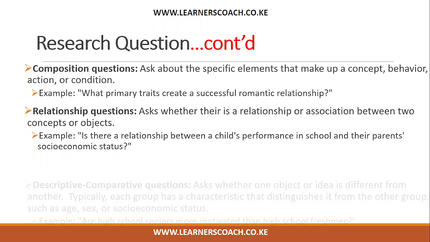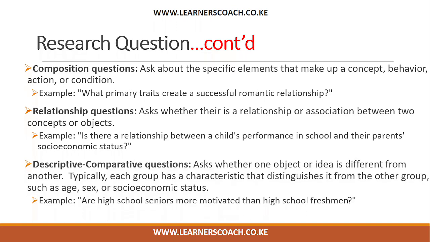Another question that you can use is descriptive or comparative questions. This asks whether one object or idea is different from another. Typically each group has a characteristic that distinguishes it from the other group, such as age or socioeconomic status. For example, are high school seniors more motivated than high school freshmen?